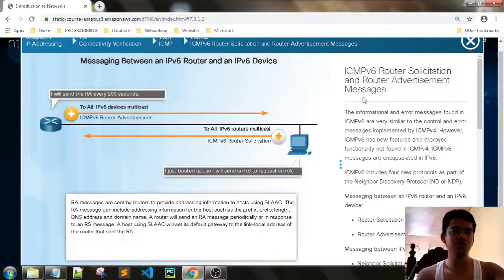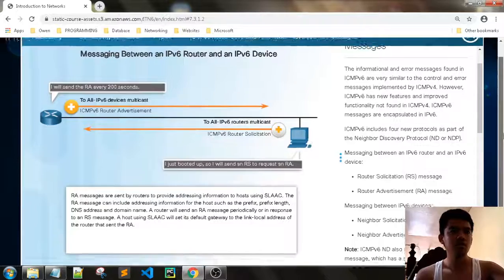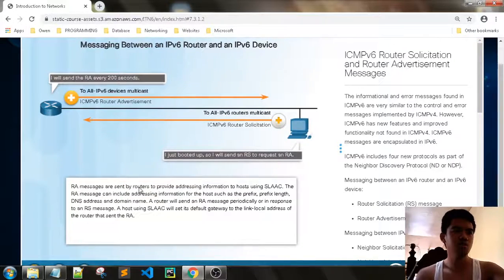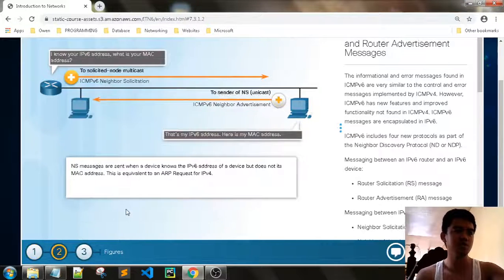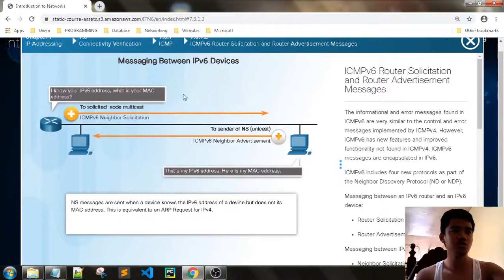Router solicitation and router advertisement messages. We also use the ICMP protocol for addressing, so router advertisement and router solicitation. And for messaging between IPv6 devices, we use neighbor solicitation and neighbor advertisement. In neighbor solicitation, the router knows the IPv6 address of a device but doesn't know its MAC address, so it uses neighbor solicitation.